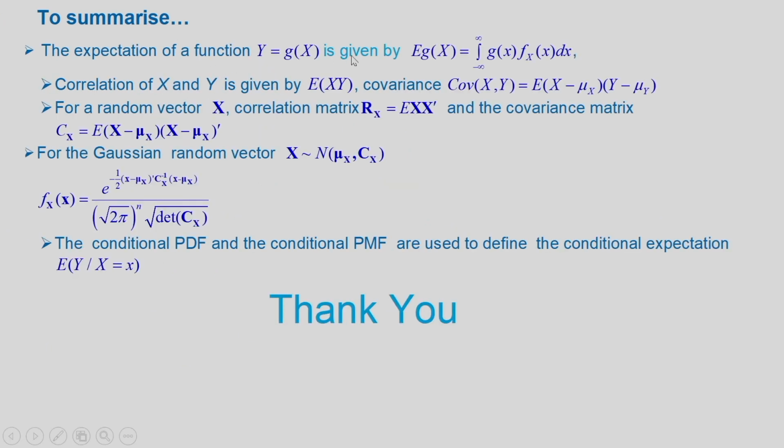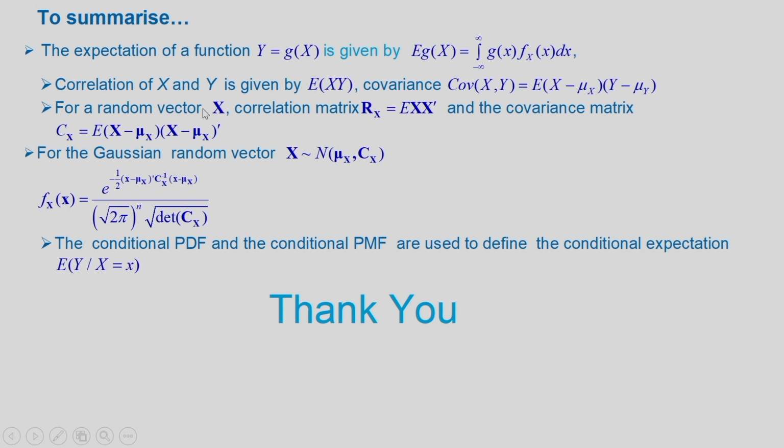We define the expectation of a function by this relationship. E of g(X) is integration from minus infinity to infinity of g(x) f_X(x) dx. Then correlation of X, Y is given by E of XY, covariance of X, Y is given by E of (X minus mu_X) into (Y minus mu_Y). We define what is correlation, what is covariance.